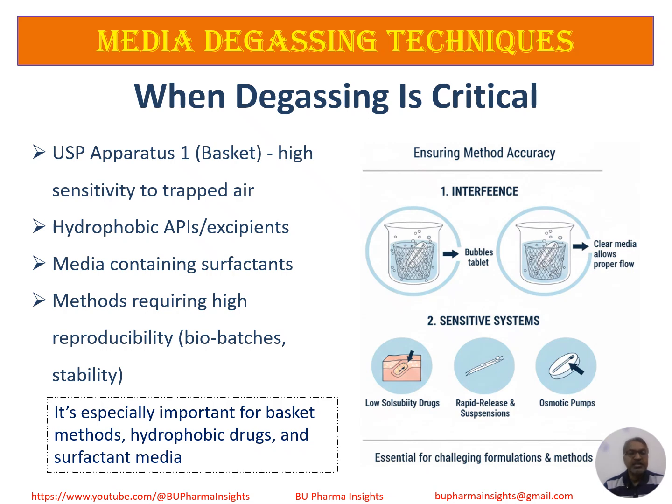Degassing is especially critical for USP apparatus 1, which is highly sensitive to trapped air, hydrophobic API or excipients, media containing surfactants, and high reproducibility methods such as biobatches and stability studies. In short, poor degassing can undermine even a well-designed dissolution method.